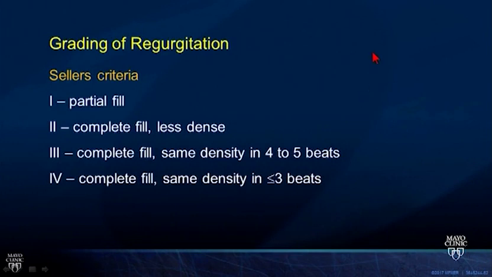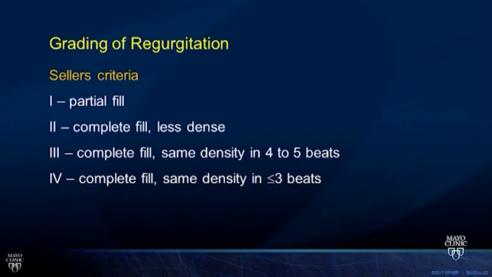So when we're grading valvular regurgitation, we use Sellers criteria. So that's how we just graded the mitral regurgitation. So grade 1 is partial fill of the upstream cavity. So either the left atrium or left ventricle or whatever you're looking at, the right atrium. Grade 2 is complete fill, but less dense. So the left atrium fills completely, but it's not as dense as the left ventricle.